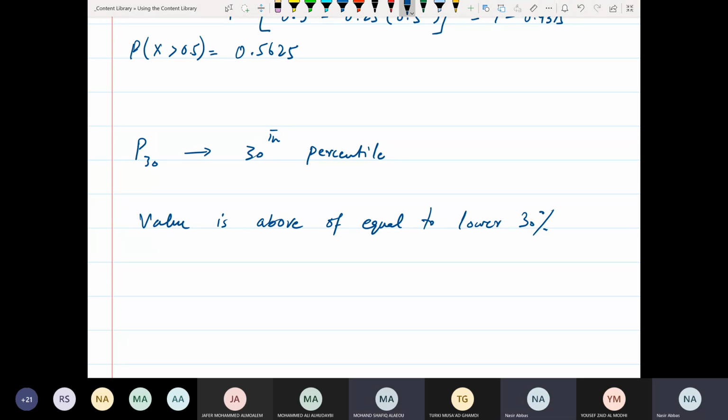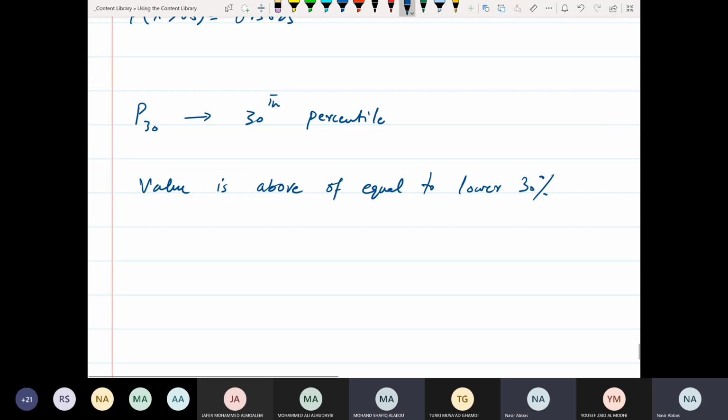Above or equal? You think it's equal? Yes, not above. Okay, anyone else? The value that is above 30% of all the values we have. Okay. Anyone else?